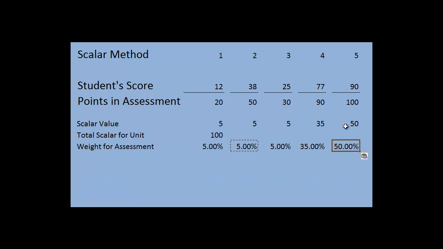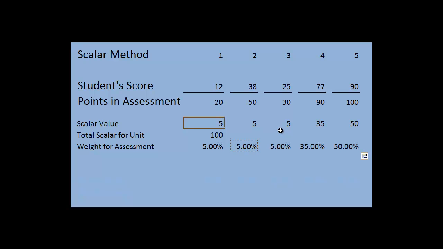Now, in this example, the math was pretty straightforward because the total scale value for all of the items in the unit equaled 100. So naturally, I'm getting 50% as a weight for the final assessment because 50 over 100 equals 50%. But let's take a look at other ways to come up with the scale value.